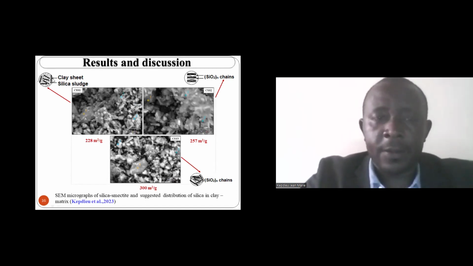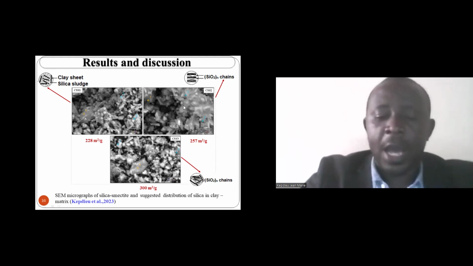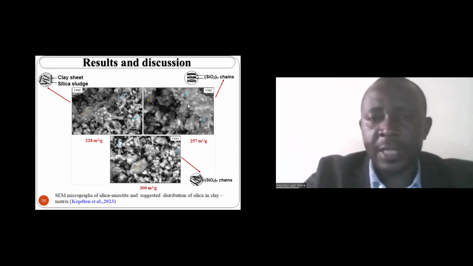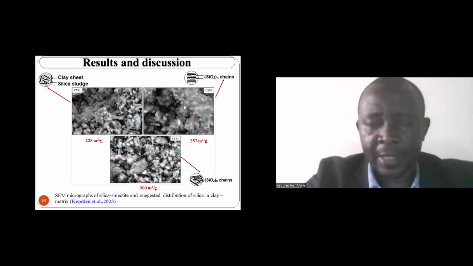And for the pathway using a silicate solution, an amorphous compound with limited intergranular cohesion containing silicate agglomerates intercalated between clay sheets was found. And the nanosilica reinforced pathway led to a dense morphology with regular distribution of silica phases in the clay matrix.